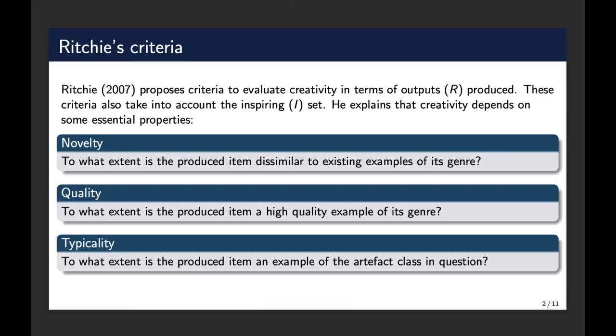Ritchie proposed these criteria to evaluate creativity of computer systems in terms of the outputs they produce. The first topic he introduces is that the inner process of the system is not an important part of this evaluation, because it is not an observable factor in the creation of the artifact.